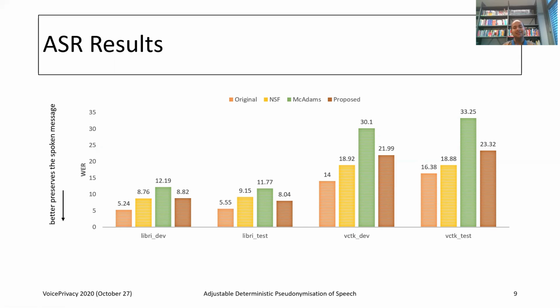The McAdams method is still worse. But we can see that the proposed method is definitely better than the McAdams method in all the cases. And sometimes it's comparable, especially in LibriSpeech, where it is better than the NSF method. But in VCTK, it is comparable or slightly worse.